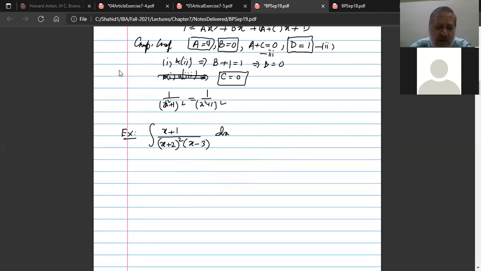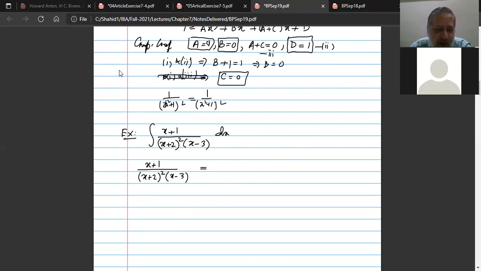Of course, in the exercise, we will have all sorts of problems, but I am writing the problem in the form where factors are already available. So I will just write down the terms that correspond to this rational function according to case 1 and case 2.